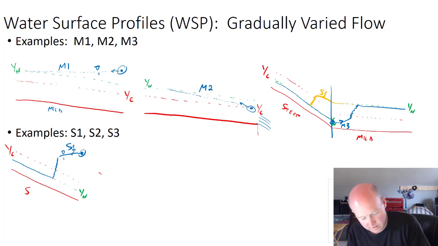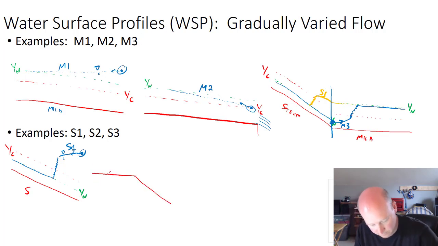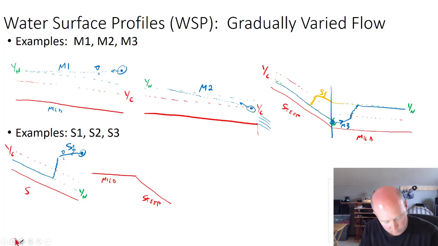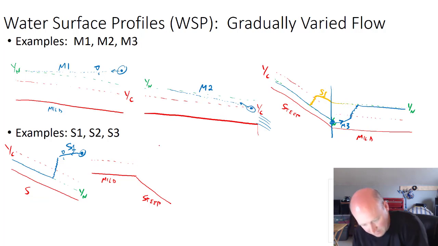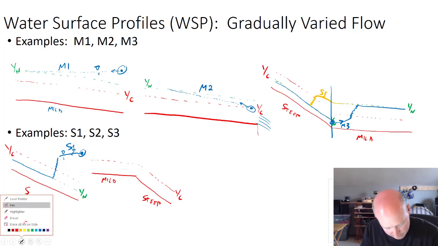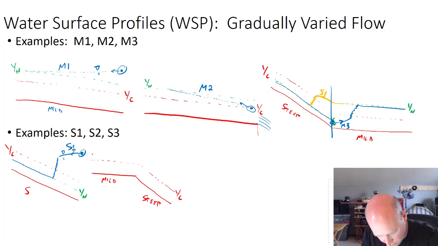So what if we have an S2 curve? How could we get that? So the S2 curve I'm going to draw as a mild slope followed by a steeper slope. And so again, if we draw critical in here, it's the same on both sides. But normal depth is not.